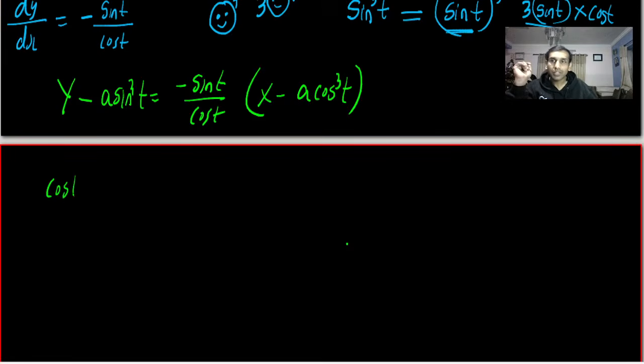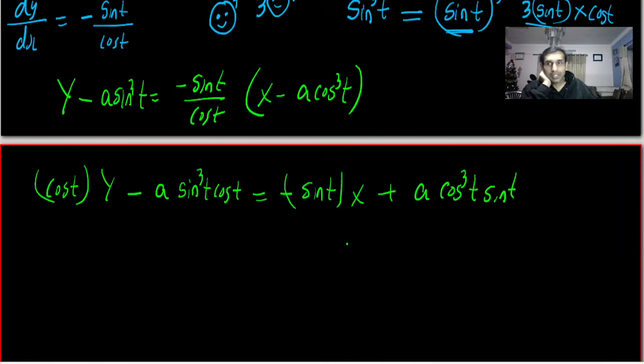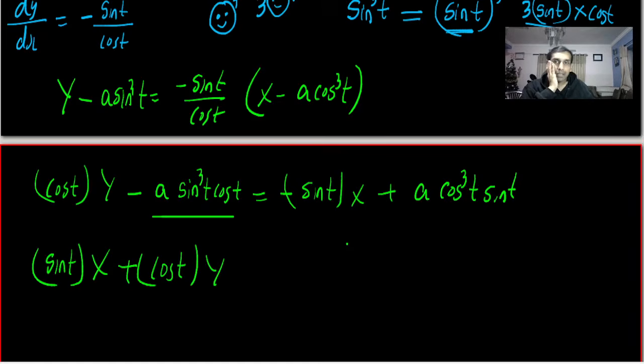So we will get cos t multiplied by y minus a cos t is equal to minus sin t times x, and minus minus will be plus, so we will get a cos cube t sin t. So I'm going to take these things to the left, so I'm going to get sin t multiplied by x plus cos t multiplied by y, and this minus a sin cube t cos t minus a cos cube t sin t equal to 0.